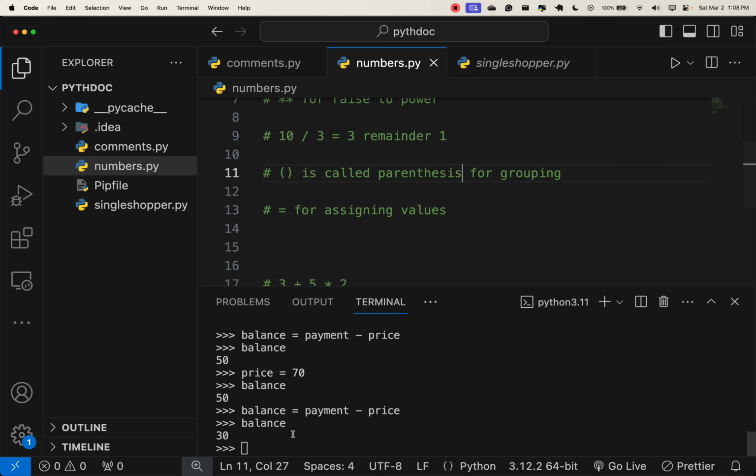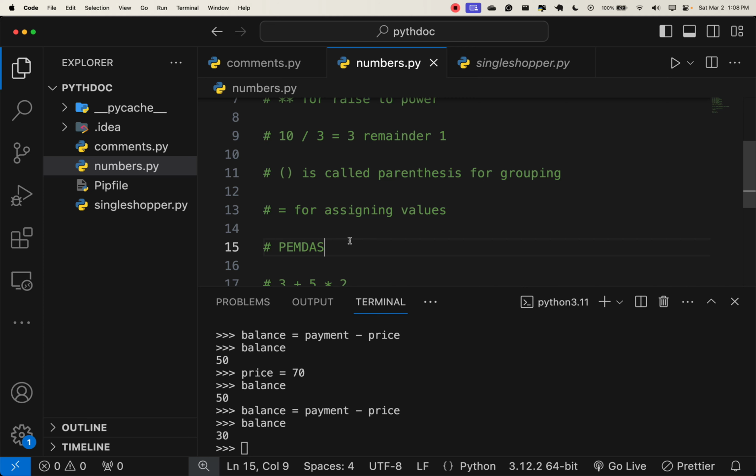All right. So today, what I quickly want to show you is the order in which arithmetic expressions are executed. Take note of this formula. It's called PEMDAS.